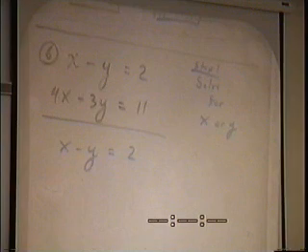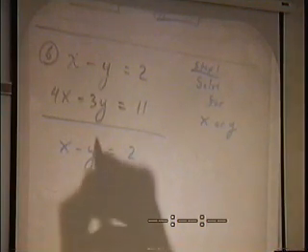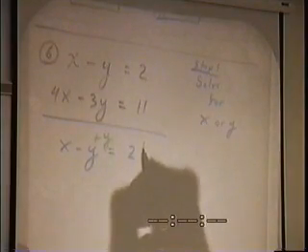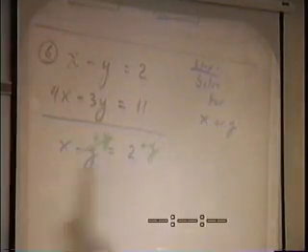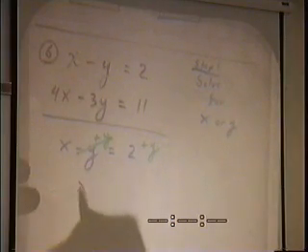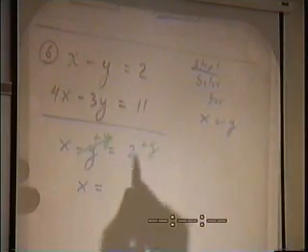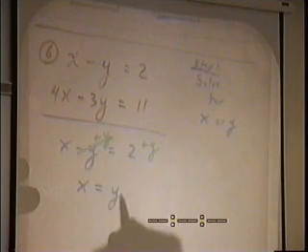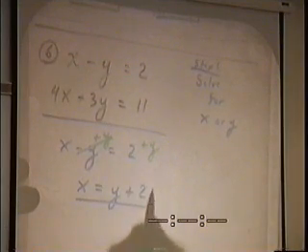I'm going to get x by itself. I just add y to both sides, and I get an equation for x. x is equal to y plus 2 or 2 plus y, doesn't matter. I like y plus 2.